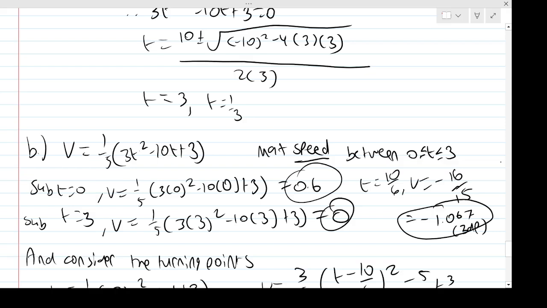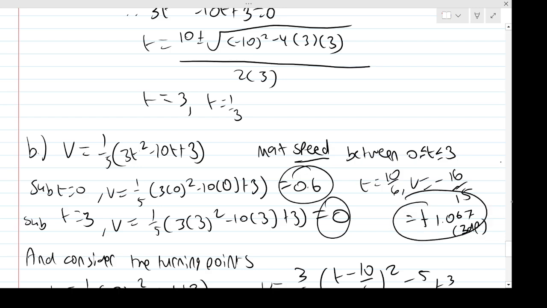But it wants the maximum speed. Now speed, remember, must always be positive, which means any negative value has to be flipped to a positive, which means actually what we're considering is 0.6, 0, and positive 1.06.